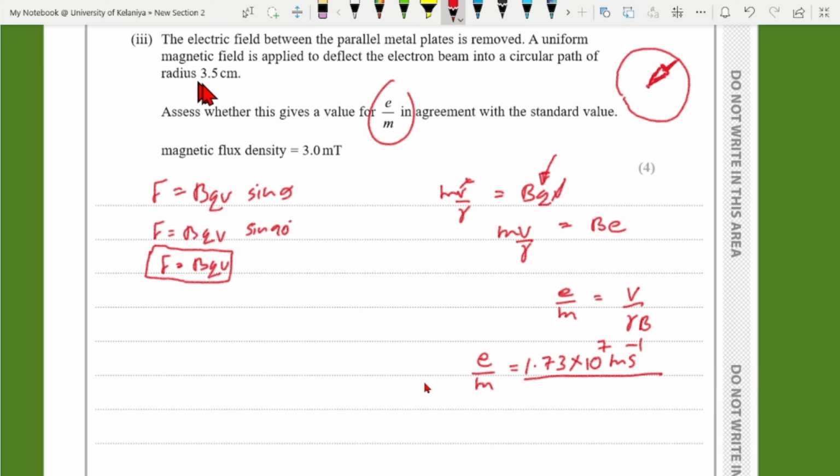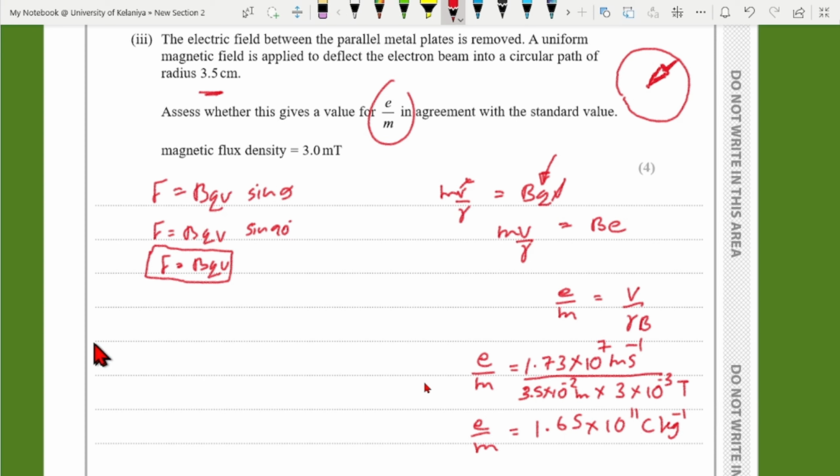And r, here they have given 3.5 centimeters, it is 3.5 times 10 to the power minus 2 meters, and B is in millitesla, here it is 3 times 10 to the power minus 3 Tesla. So if you calculate this e over m ratio, what you will get here is 1.65 times 10 to the power 11 coulombs per kilogram. This is our experimental value.